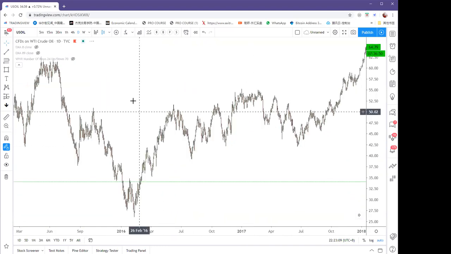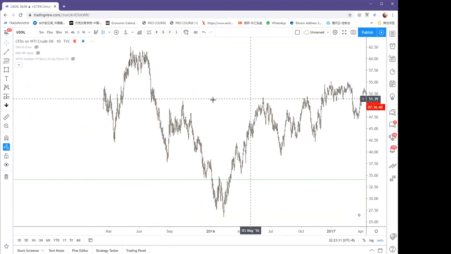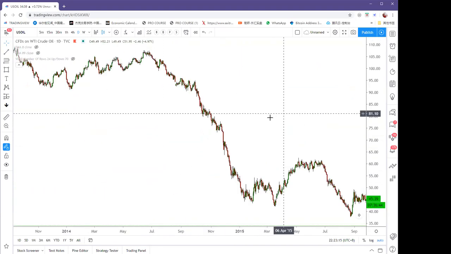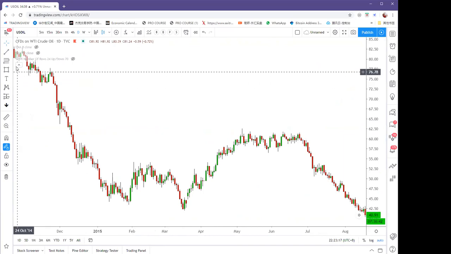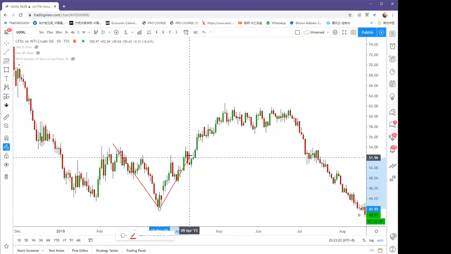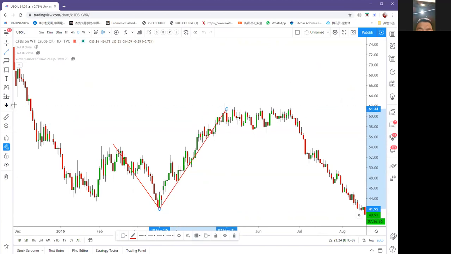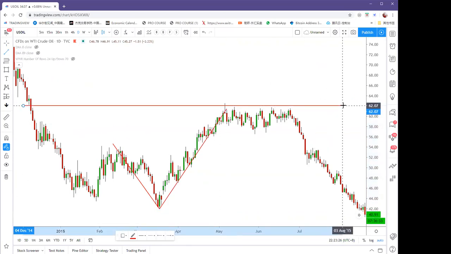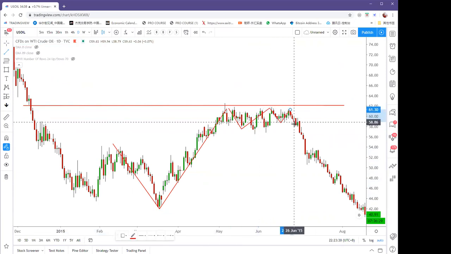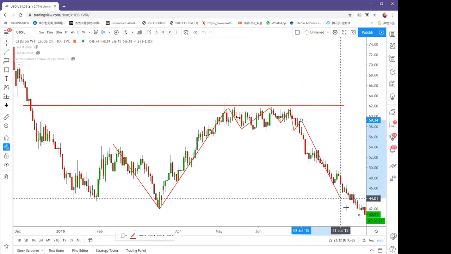You can just make use of this level. The oil, after making a new low, keeps going up, and then it actually failed to break this resistance and started to go sideways, and then broke down, and all the way went down.